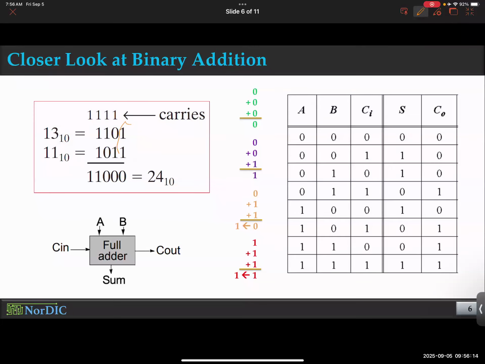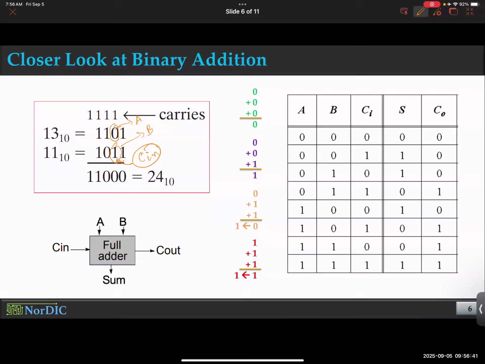This was the first input, and there was no carry coming in. But the next one will have a carry. The carry will come from here. And then there will be a bit coming from one of the numbers, another bit coming from the other number, and then there will be a carry input coming from the previous stage. There may or may not be a carry. If there is no carry, it will still be 0. But I have to represent that somehow, right? To represent the carry, I need an extra input.